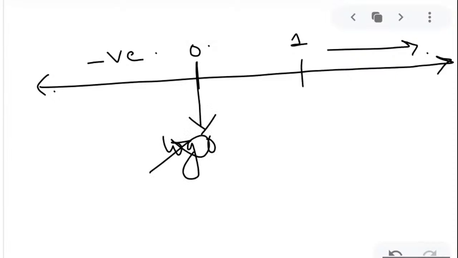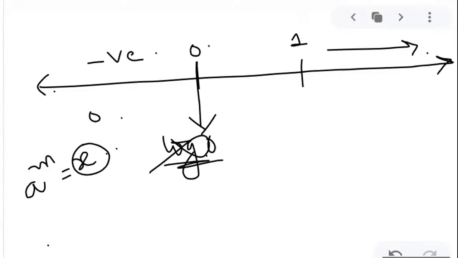Log 0 does not exist at all. Why? Because for log 0 to exist, you should have some a power m is equal to x. This x should be 0. Only then you'll have m equal to log 0 to the base a.